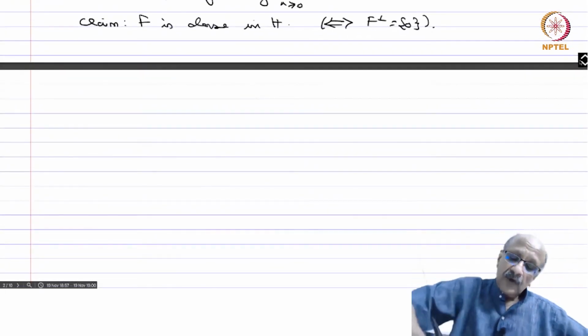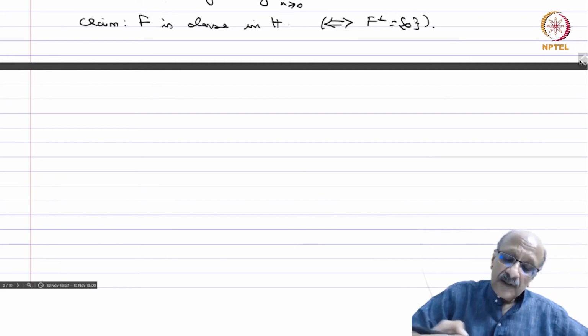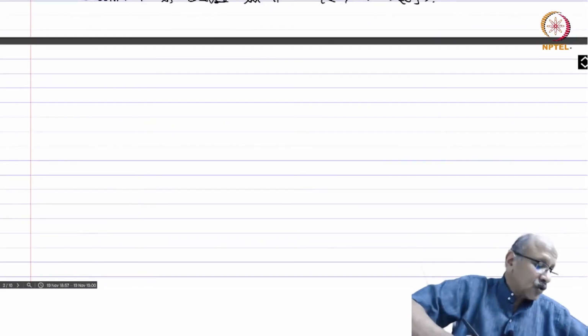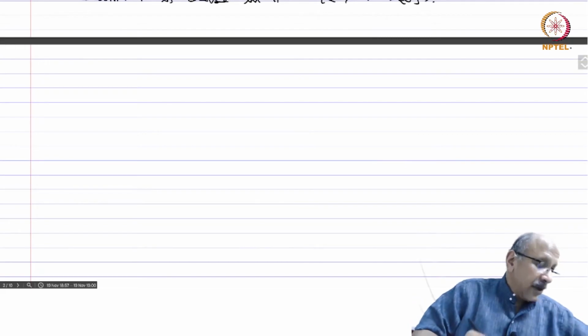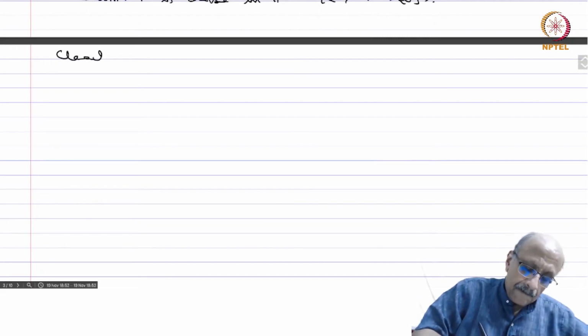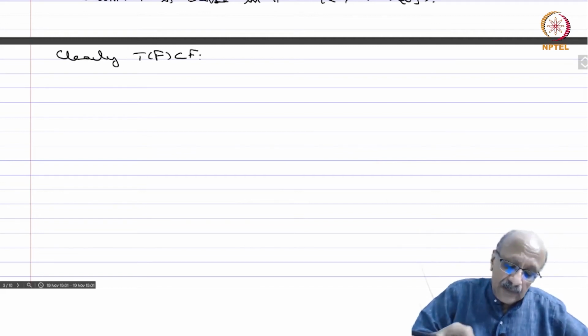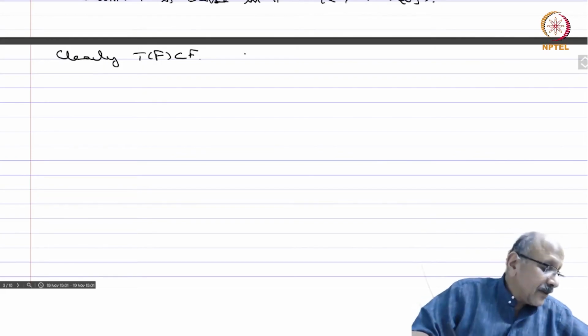Because if you have a vector vanishing on F, then it vanishes everywhere. That is the Hahn-Banach way of showing a space is dense, and therefore showing F perp equal to 0 is equivalent to showing F is dense. Okay, so clearly T(F) is contained in F because any eigenvector stays in the same E_n, and linear combinations will also be. So T(F) will be contained in F.